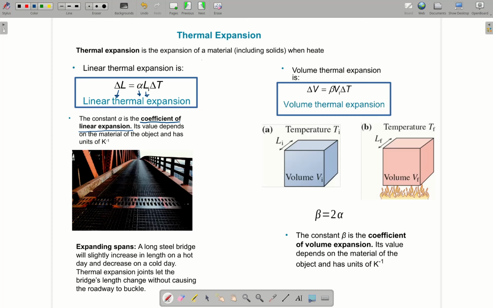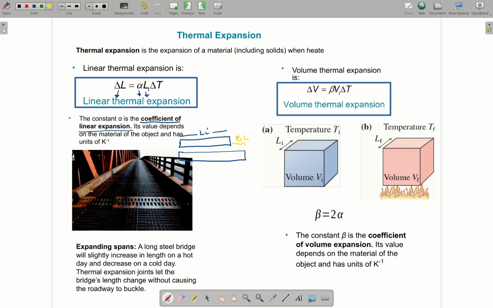Simple as that. So if I have a bridge, let's say, it has an initial length of Li, then let's say it became summer and it expanded a little bit. So it became a bit larger. And the amount of expansion here is what is called delta L up there.